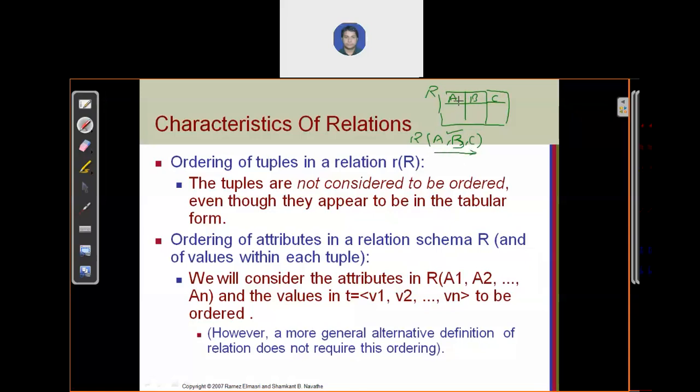If your attributes are in the order A, B, and C, you will always write the schema as A, B, C. You cannot write it as B, C, A. This is not correct, because you stored your data in this order: A first, then B, then C. Is it clear?